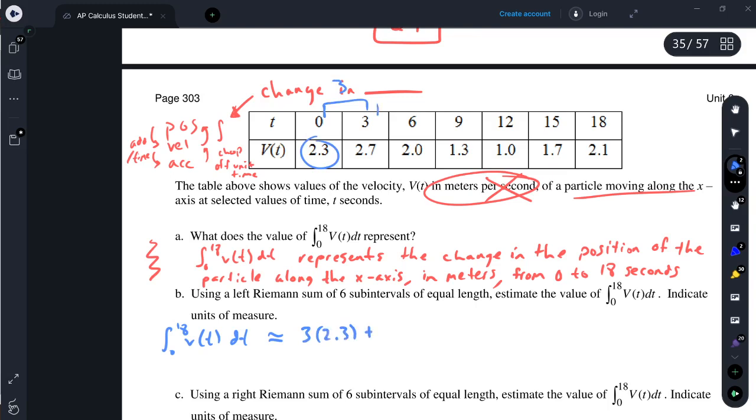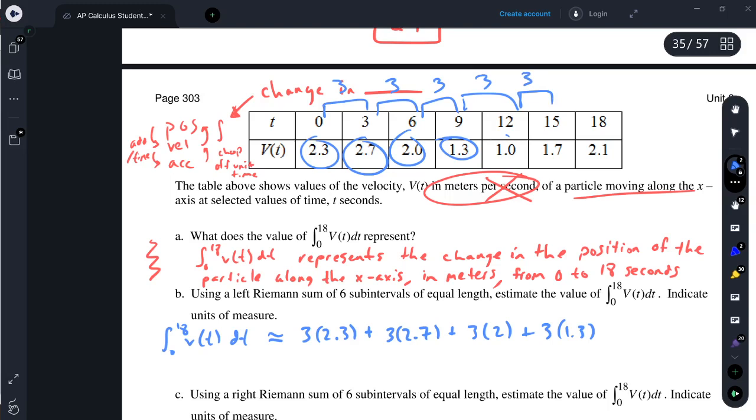Then plus from 3 to 6, that's again 3 times 2.7. From 6 to 9 is also 3 times 2. Looks like these are all going to be 3. Plus 3 times 1.3. Plus 3 times 1. And then plus 3 times 1.7. We do want to just kind of double check 1, 2, 3, 4, 5, 6.